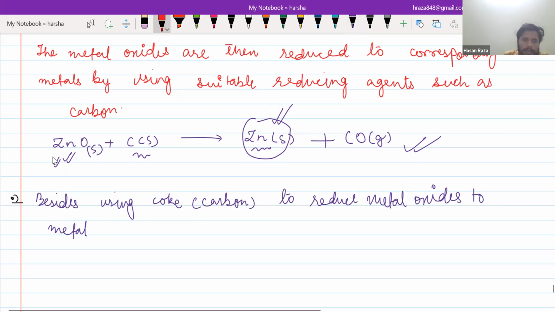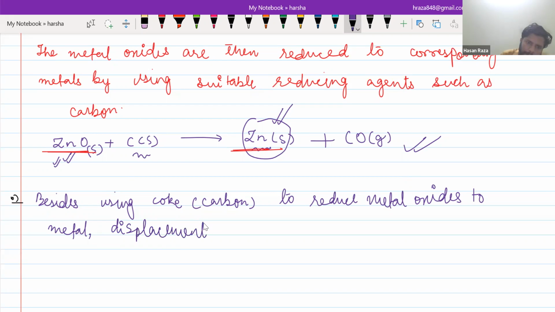You can see this is metal oxide and it is reduced to metal. Beside this method, we can also use displacement reaction. Displacement reaction can also be used.